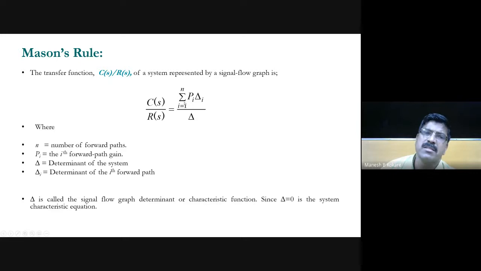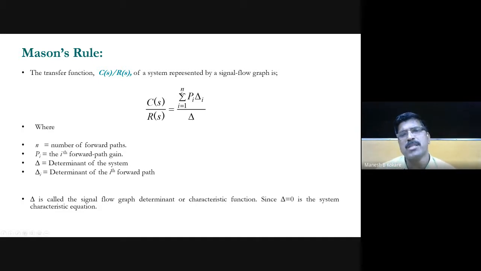Now, let us look at what is meant by n, what is meant by i, what is meant by P, what is meant by delta_i, and what is meant by delta. We'll see the individual terms, and then by using this formula, we can easily find out the transfer function of the given system.